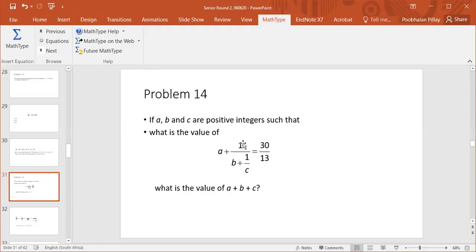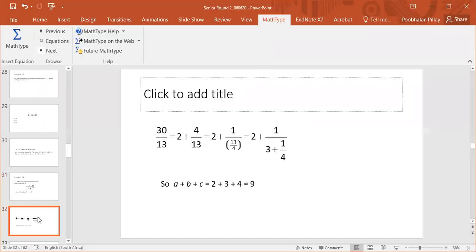Now you've got 4 over 13 here, and you're going to write 4 over 13 as 1 over something. It'll be 1 over 13 over 4, right? You invert.